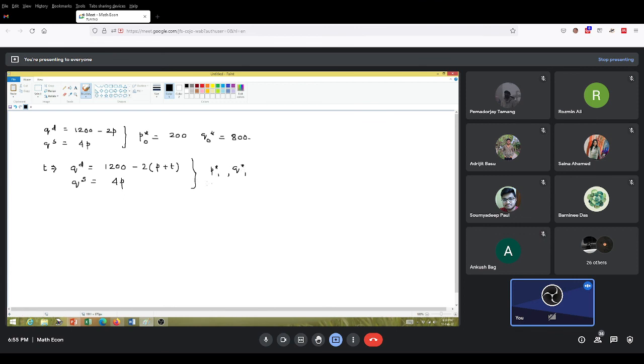In fact, if you look at it, you have got two P star 1s over here. It is coming 200 minus t by 3.